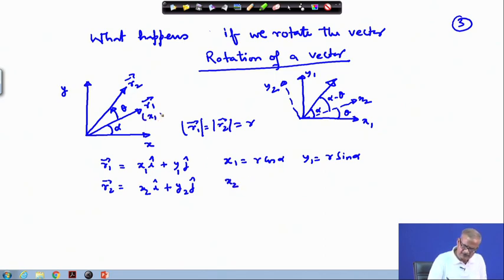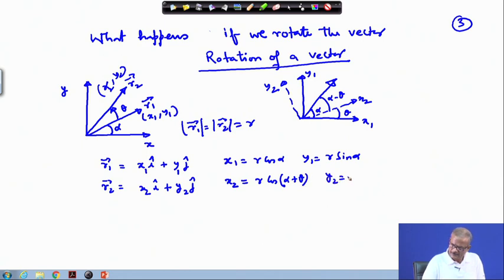Here you have the coordinates x1, y1 and its coordinate is x2, y2, but in the same frame we are indicating. So x2 becomes r cos(alpha plus theta) and y2 is now r sin(alpha plus theta).